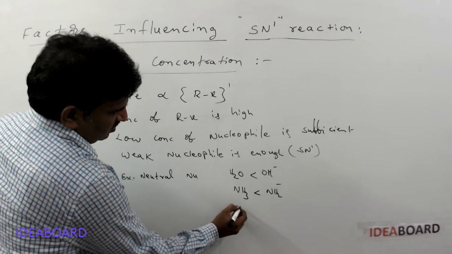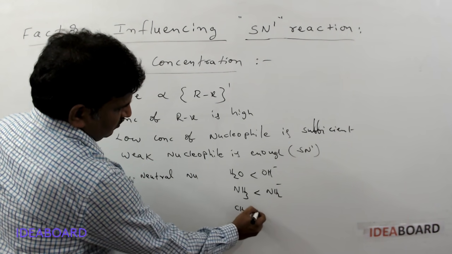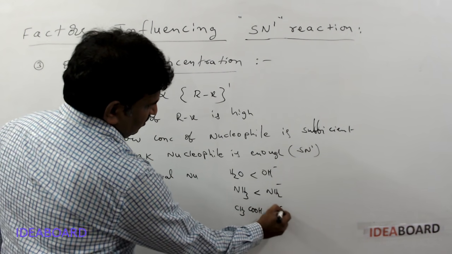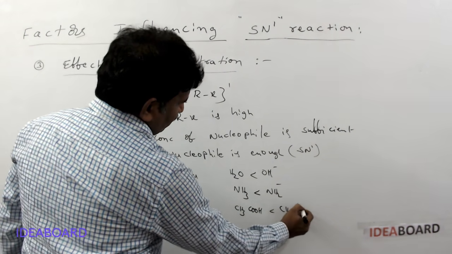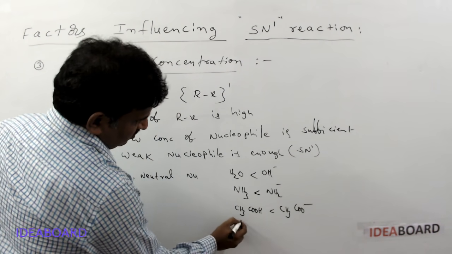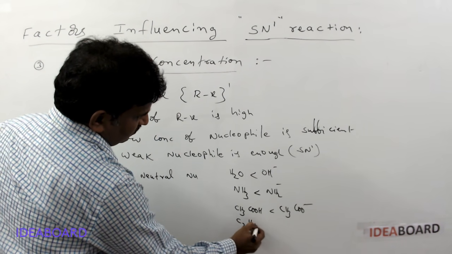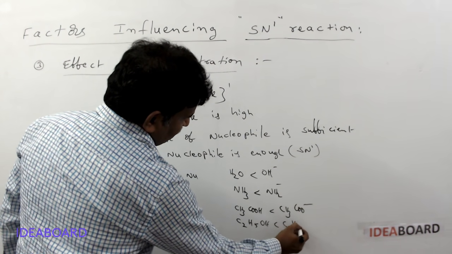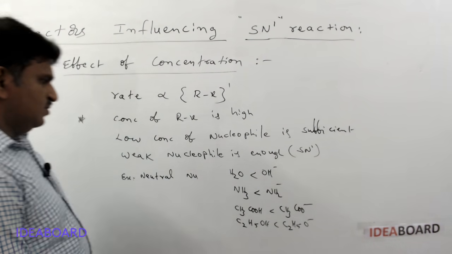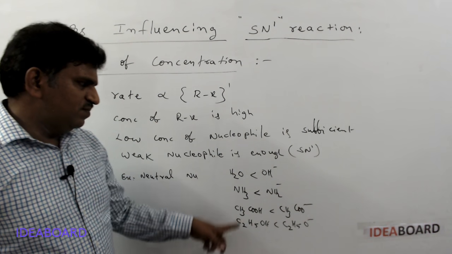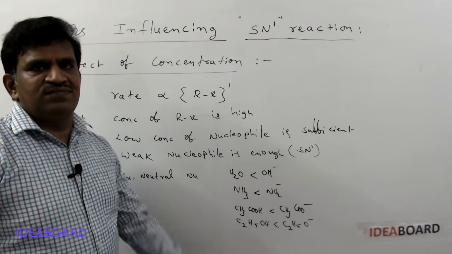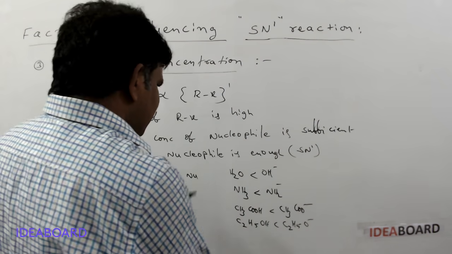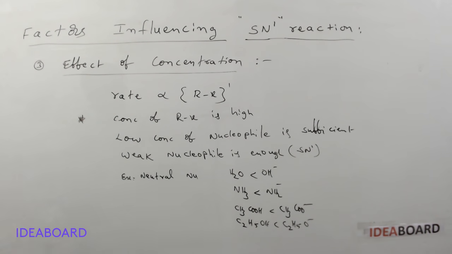And here CH3COOH and CH3COO minus, similarly C2H5OH and C2H5O minus. So weak nucleophiles means neutral nucleophiles. They are enough for SN1 reaction.